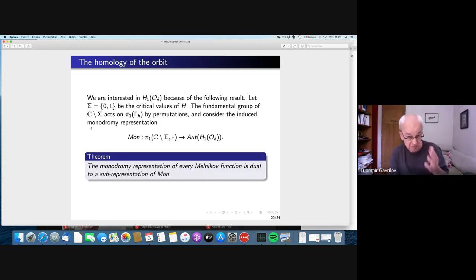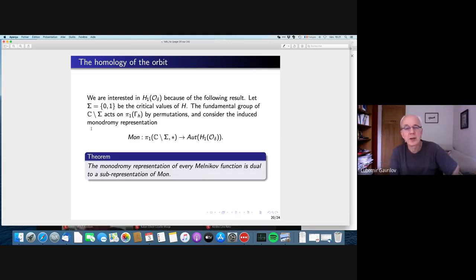So this generates a representation of the fundamental group of C minus the singular values of our function H, big H, the first integral, into the automorphisms of this orbit, the homology of this orbit. So this is something very general.